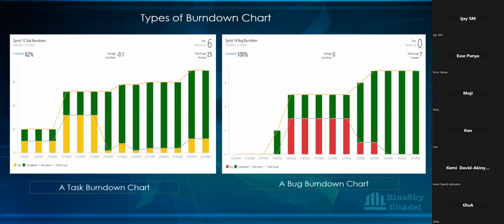So if it's showing me flat, with no issue, no blockage, no impediment, does that mean that for 3 days no task was completed, when our task work item is meant to be something you can complete within a day or less? And I'm saying for 3 days, nothing is done.